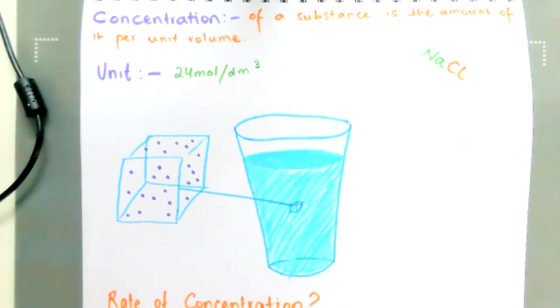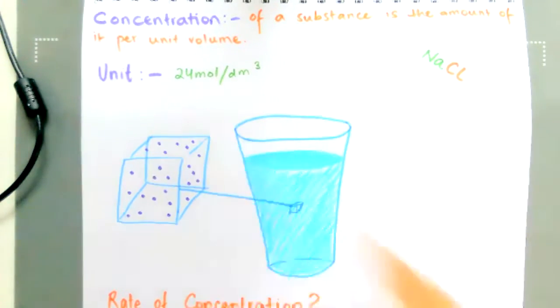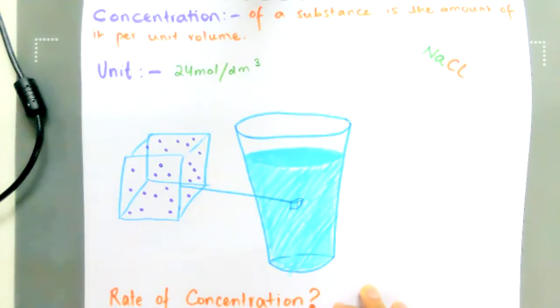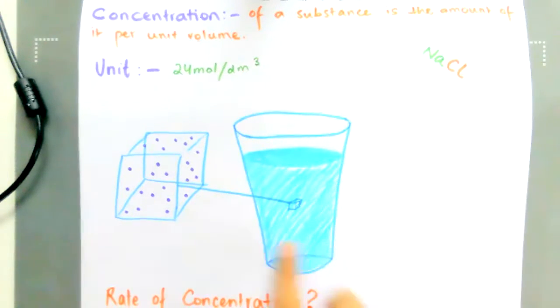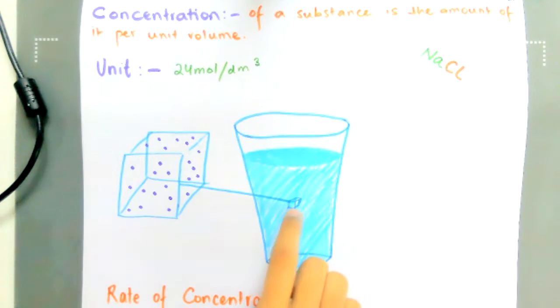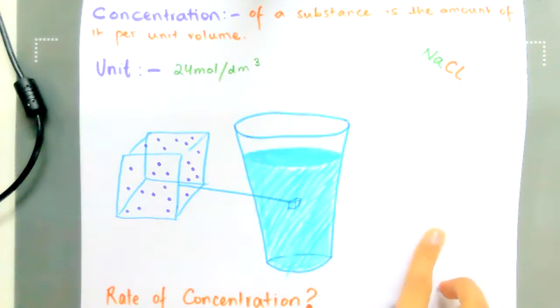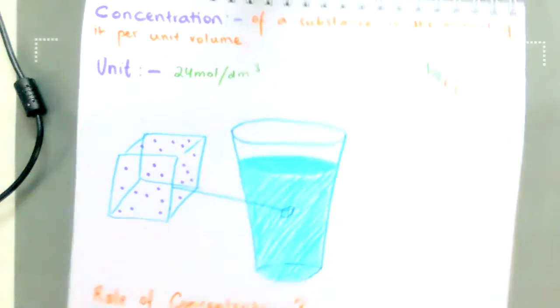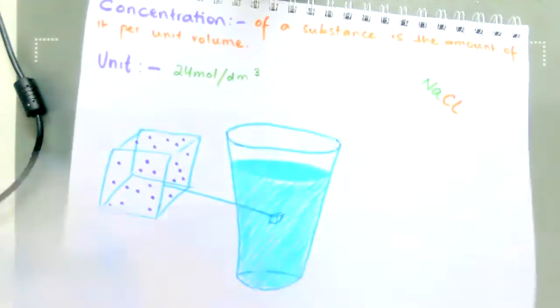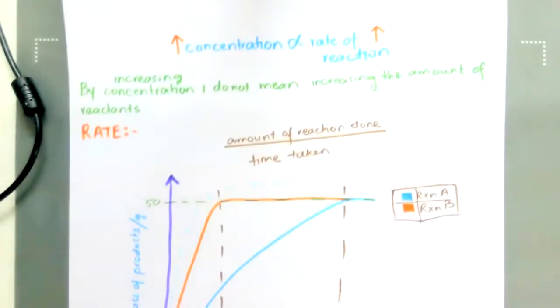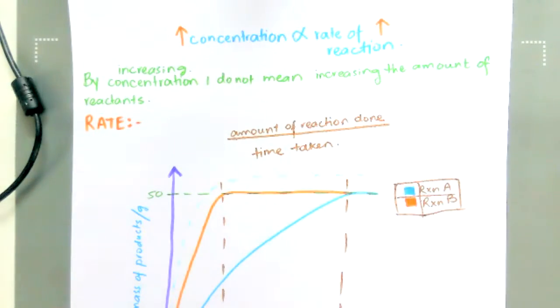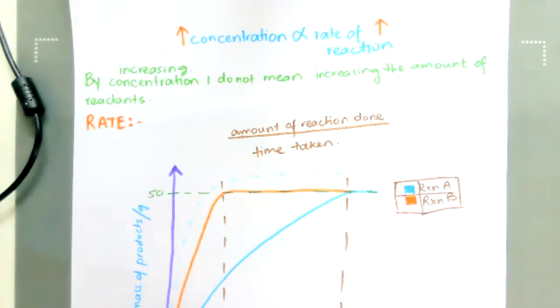If I have 24 moles in 1 dm cube, and I have another glass beside this one with 24 moles in 2 dm cube, the first is going to be more concentrated because it's in half the volume. So they're going to collide more often, there will be more successful collisions, and that's why we're going to have a faster rate of reaction.